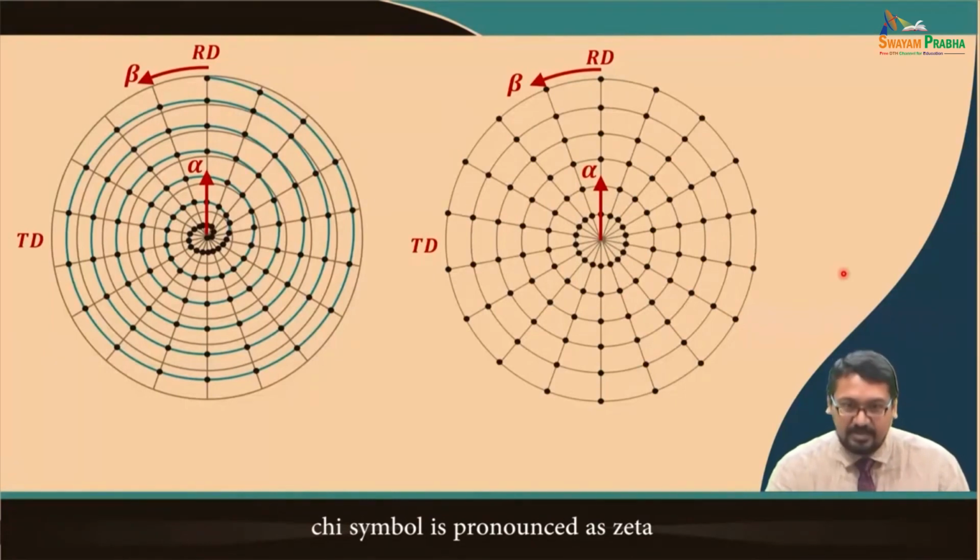So, here we are showing two methods. The left one is the one which was initially done. A stepper motor was used to vary both alpha and beta slowly at different resolution.